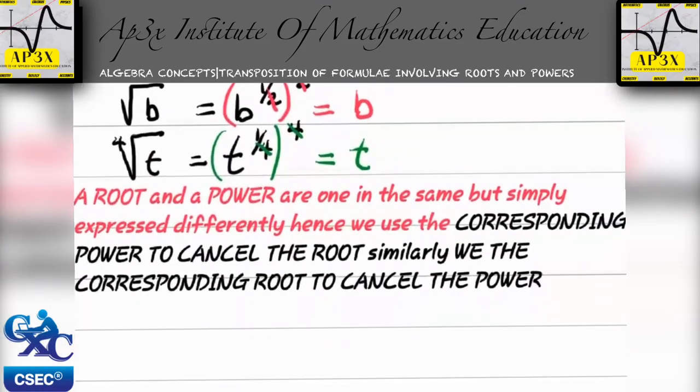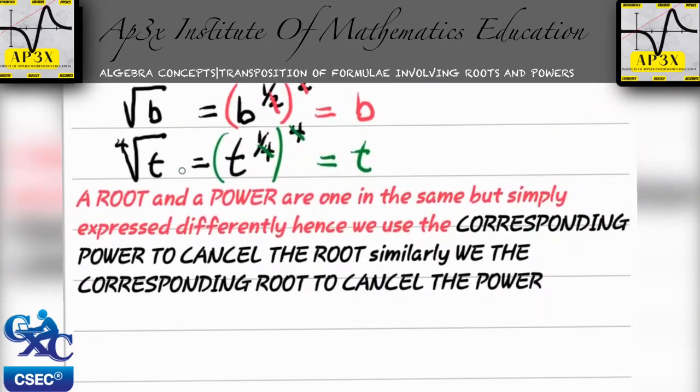We have a little bit of information down here that says that a root and a power are, as I said, one and the same. A root is just basically the quantity raised to a fraction written in a different form.